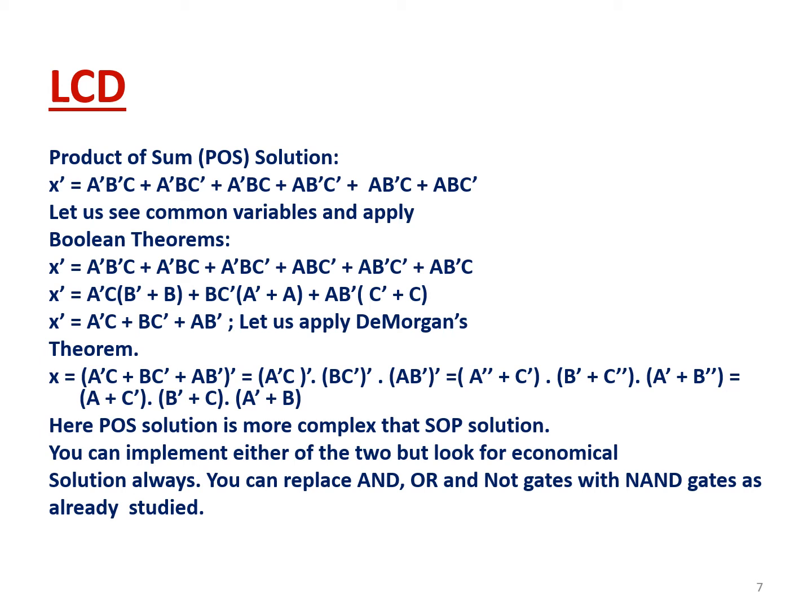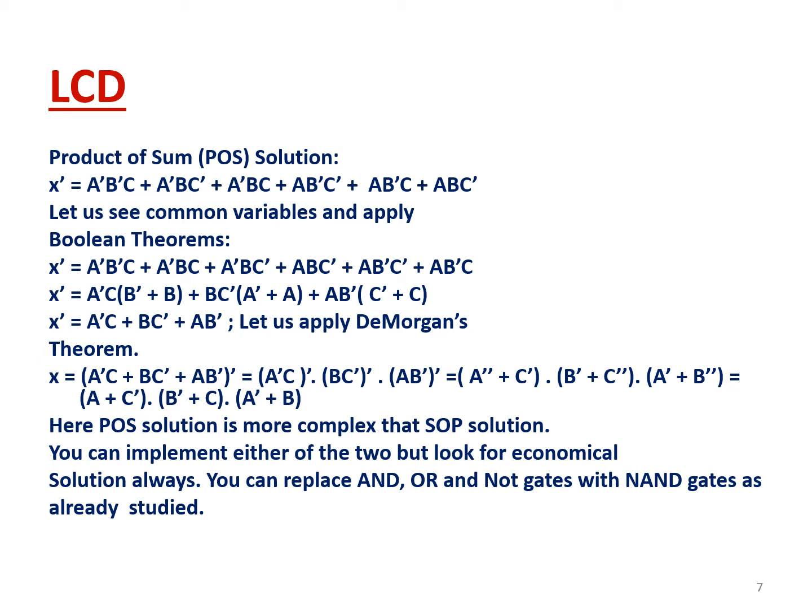So the x complement will become x in that case, and we put the bar all over the right hand side equation: A complement C, or B C complement, or A B complement, and then whole complement.